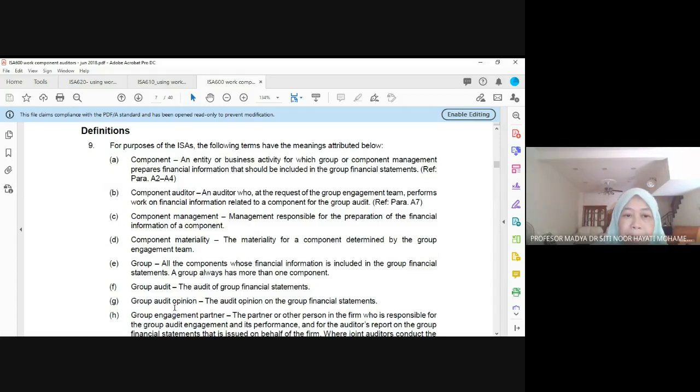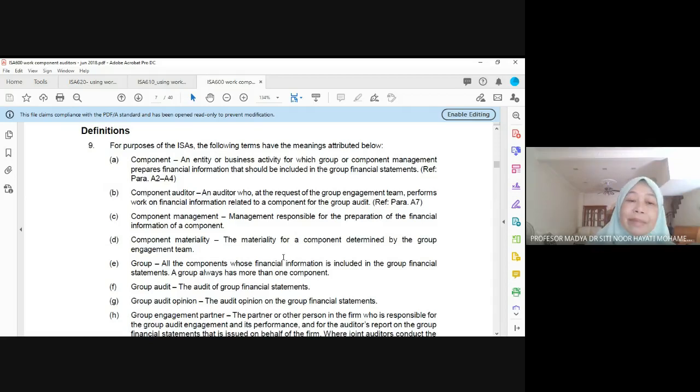And what about component materiality? You know what materiality is all about. Usually we relate this to misstatement. Component materiality, that means whether it's a subsidiary company or an associated company, which one is considered to be more material to the group?